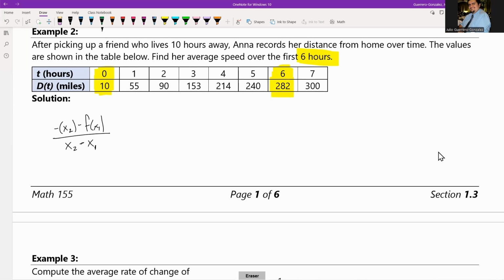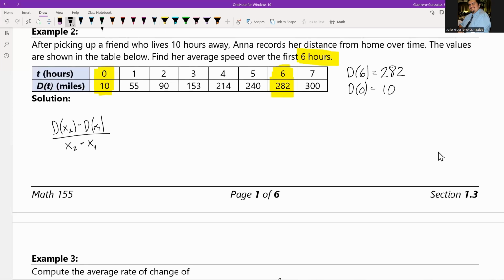Actually, let me not do f. Let me do d because that's what we're talking about. We're talking about a distance. There we go. So hopefully you guys see d of 6 is going to be 282. d of 0 is 10.